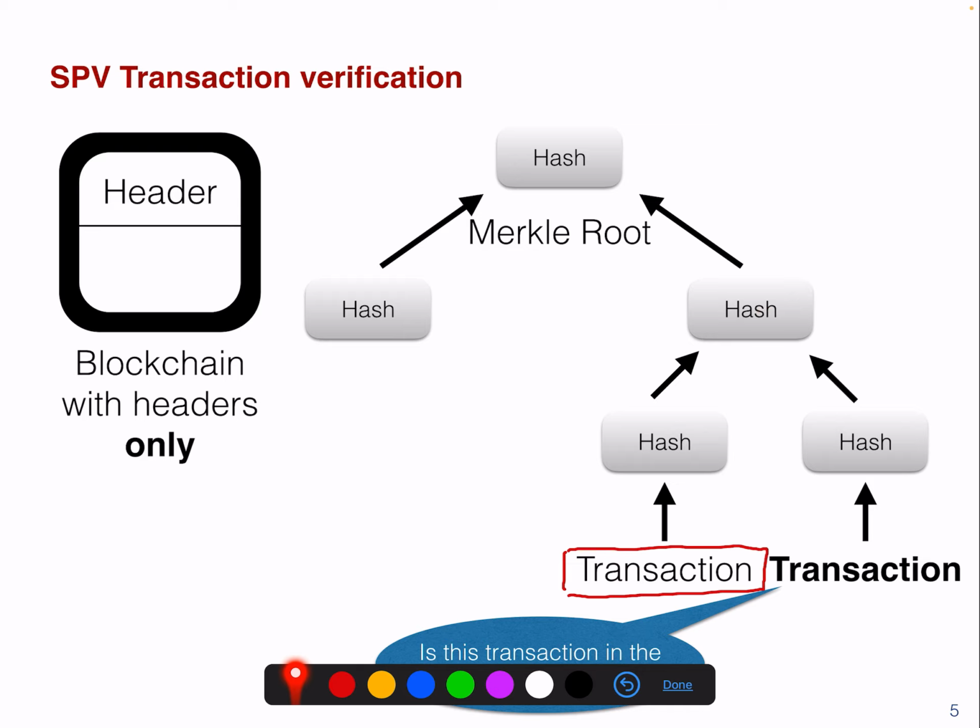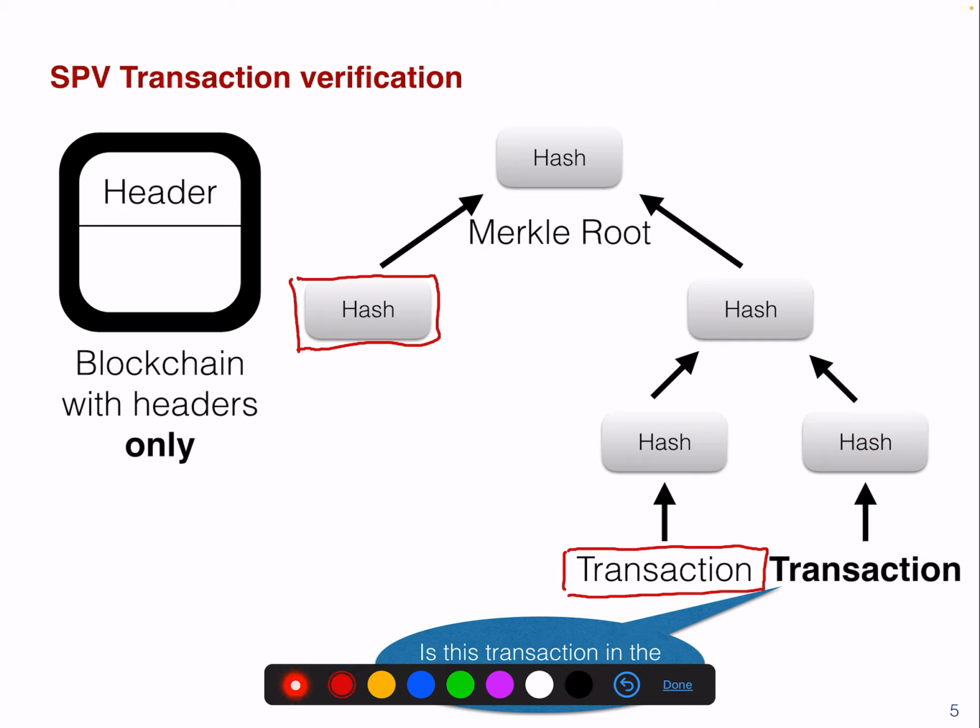Then we need another hash, which we have to request from another peer in the Bitcoin network. Typically this data is provided by the full Bitcoin nodes. Given only these two red encircled data points, the hash and the transaction, we can compute this hash and the Merkle root hash.